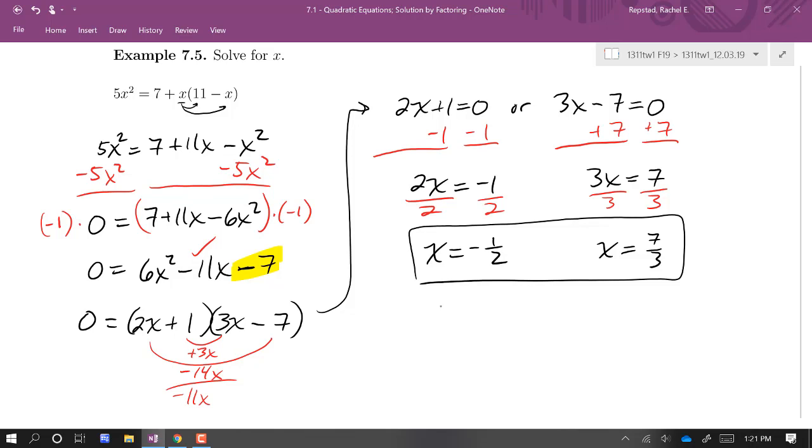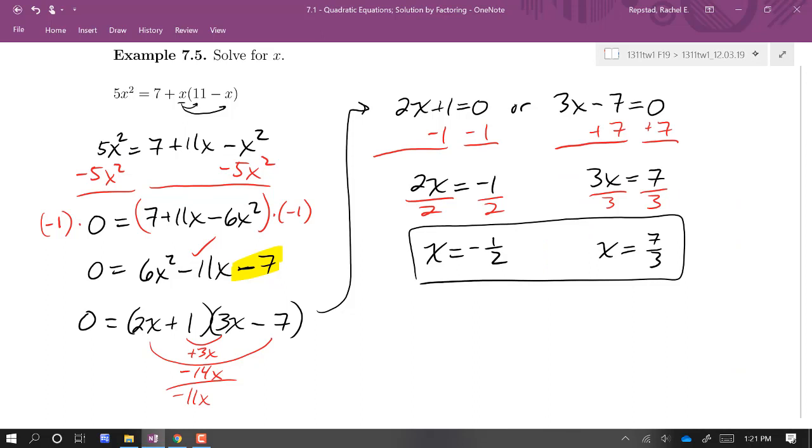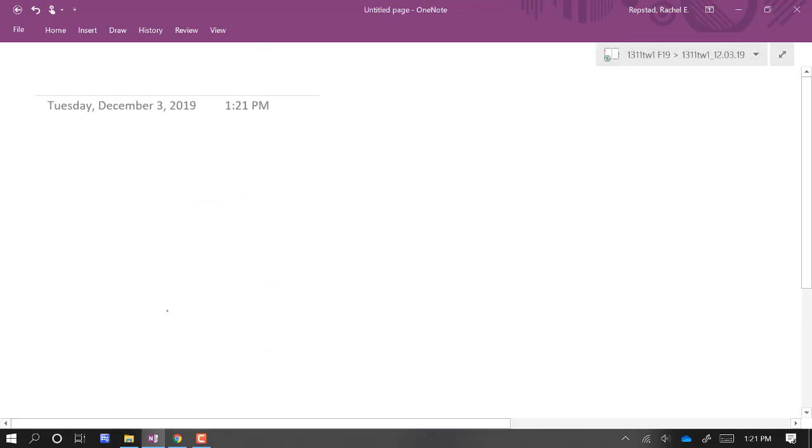Oh, great, thank you. So we've got 3 examples of varying levels of difficulty. Oh man, I didn't print out this sheet to OneNote, but that's okay. I'll just write them down. Add a page. Okay.